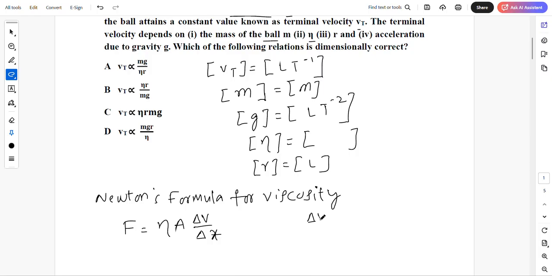Then what is delta V by delta X? That is given by change in velocity divided by change in length.